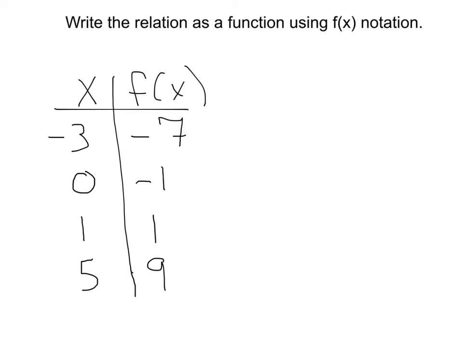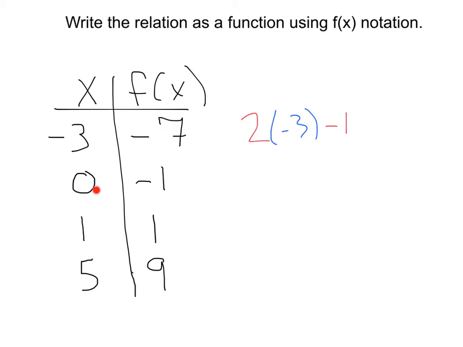So to test this out, let's go ahead and see what happens when we multiply negative 3 times 2. Doing that, negative 3 times 2 is going to be negative 6. If I subtract 1 from negative 6, that's going to give me negative 7, which is what I want. Okay, let's try that pattern. That's going to be a pattern of 2 times x minus 1, or 2 times negative 3 minus 1.